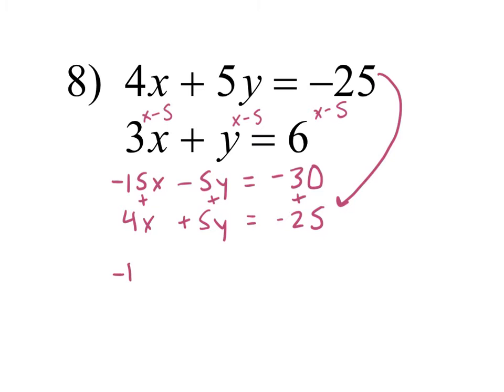Negative 11x. Perfect. What happens to the y's? They cancel out. And then what's negative 30 plus negative 25?